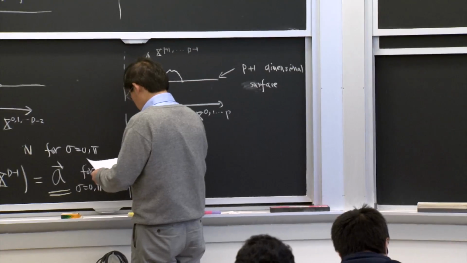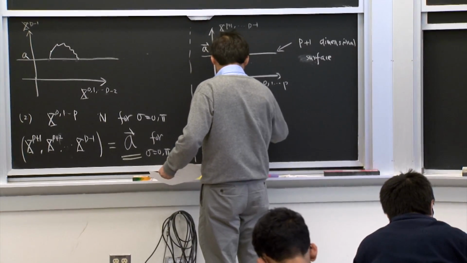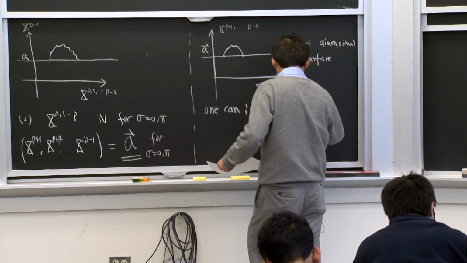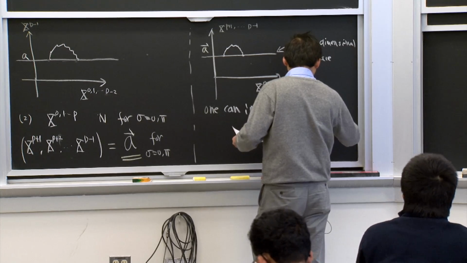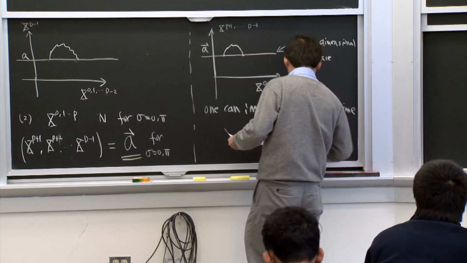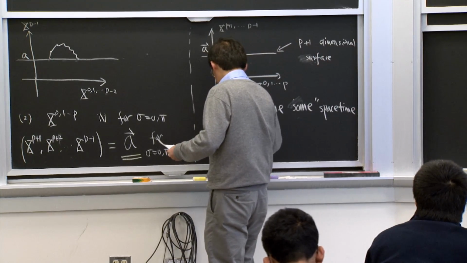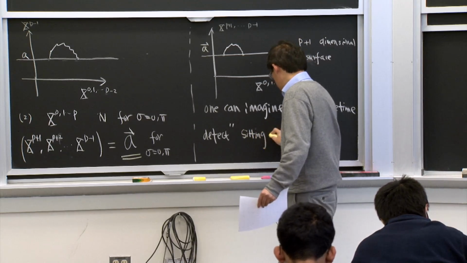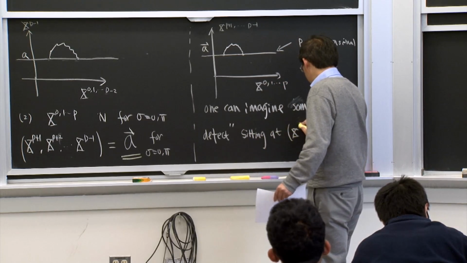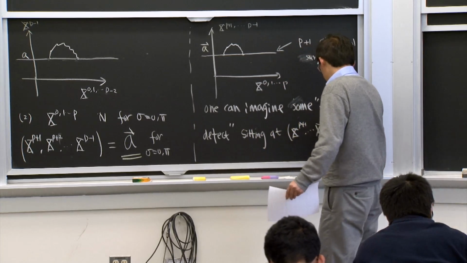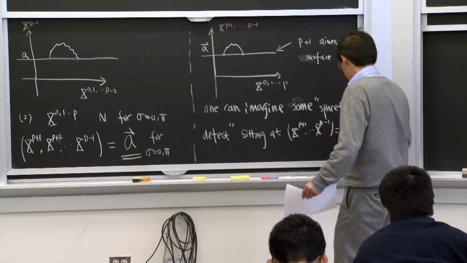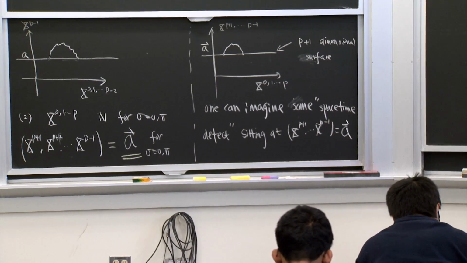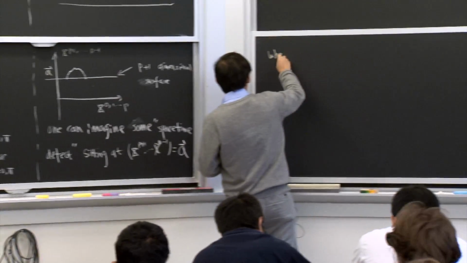So for example, you can imagine some space-time defect sitting at, say, x^(p+1) equal to a, okay, sitting at that location, where an open string can end.